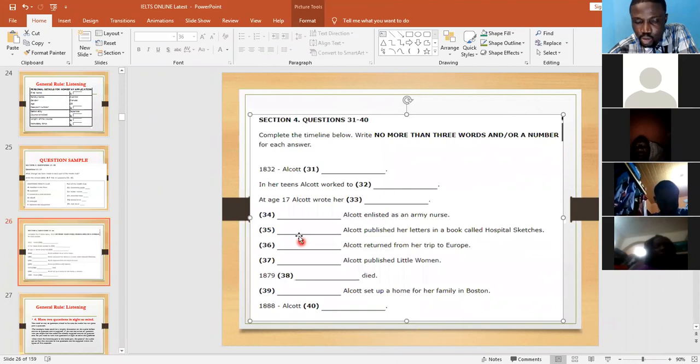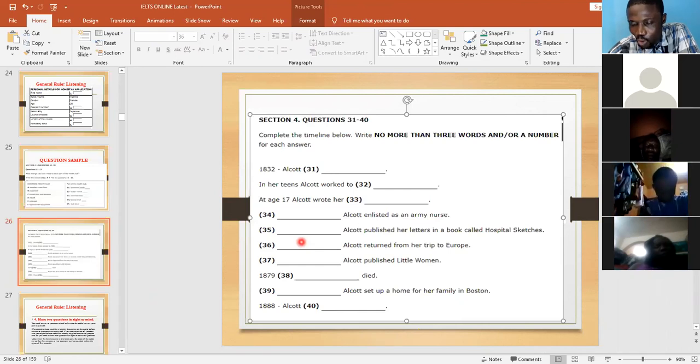You are waiting for the timeline to be provided. When you get to 38, you see that the timeline was provided, but the action or the person, because died, so it means the person is missing here. If you get to 39, the timeline is missing. Question 40, timeline is given, action is missing. So that's the way to figure out your question layout.